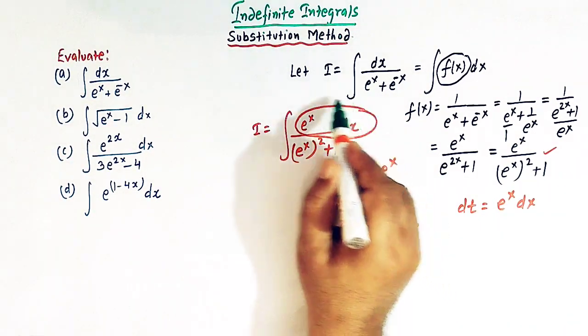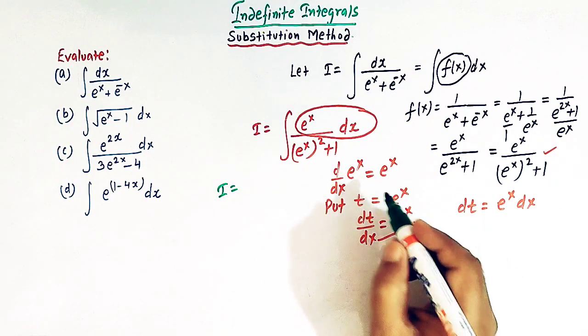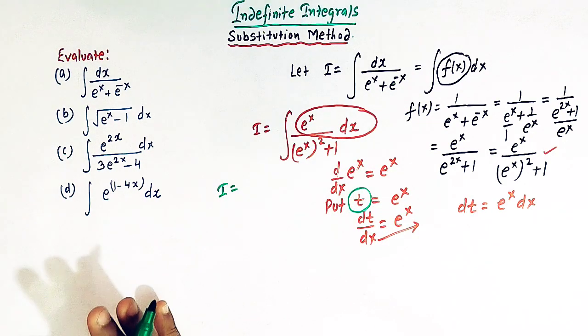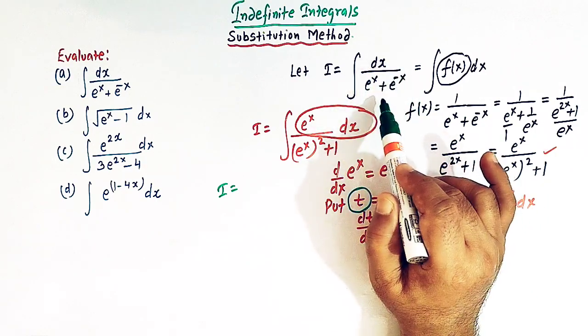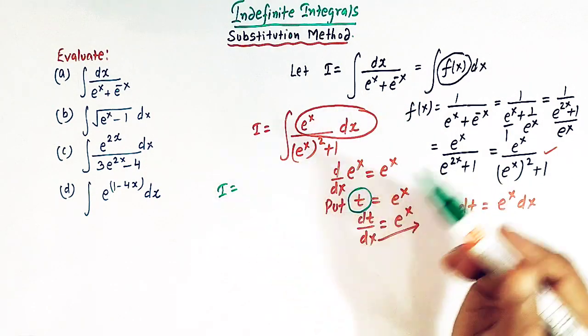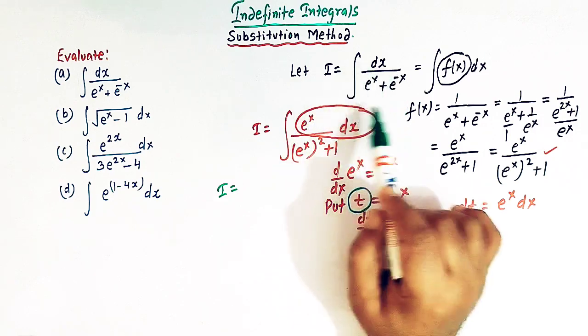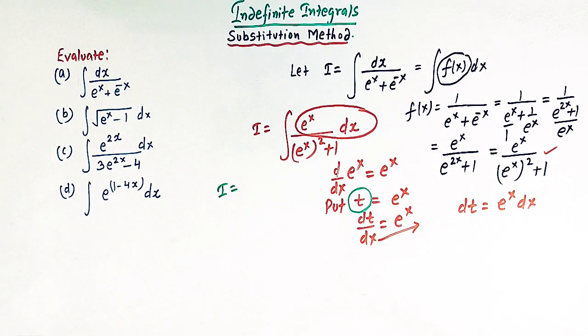So now this integral I can be written in terms of this new variable t. The prime objective of the substitution method is to simplify the given integrand by introducing a new variable t, and reducing the integrand into a known integral.